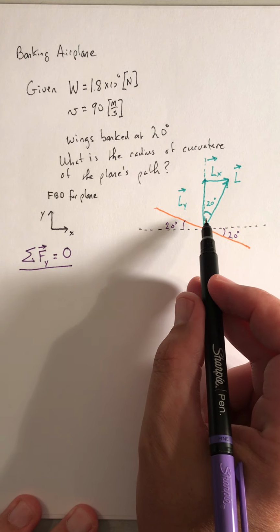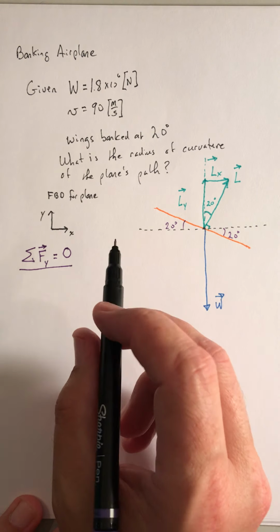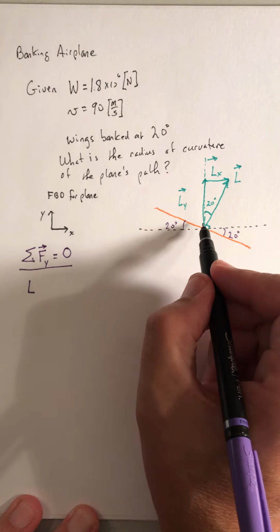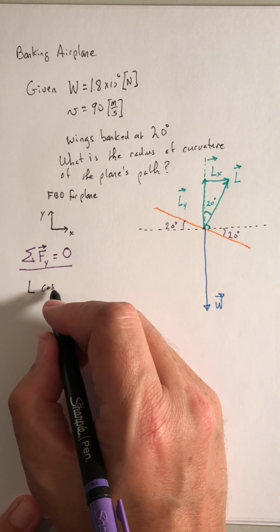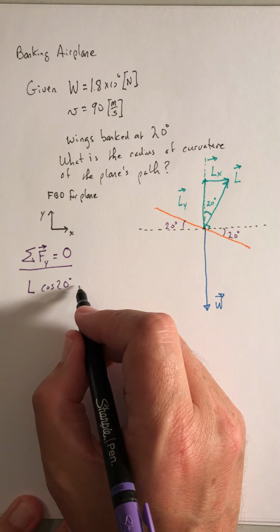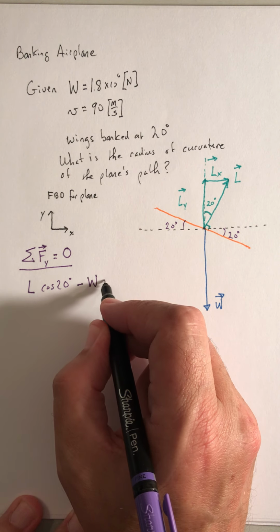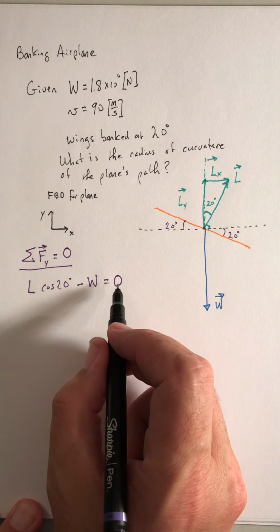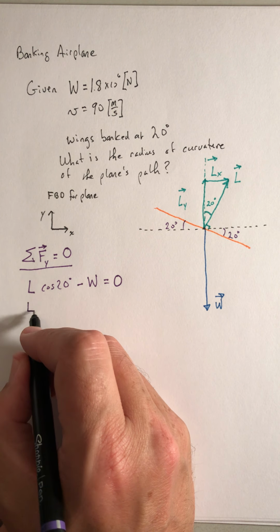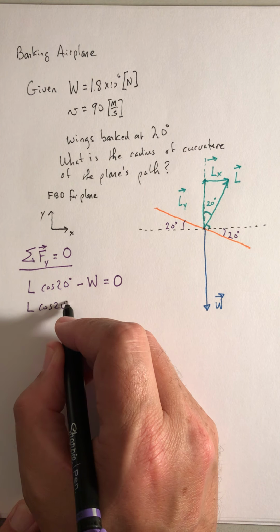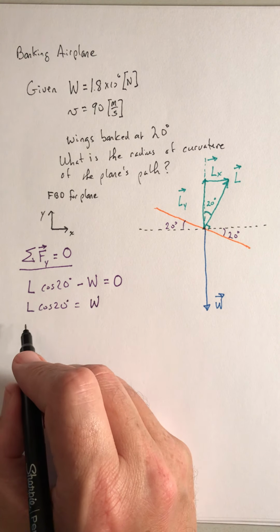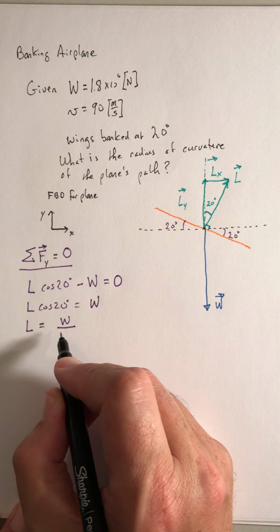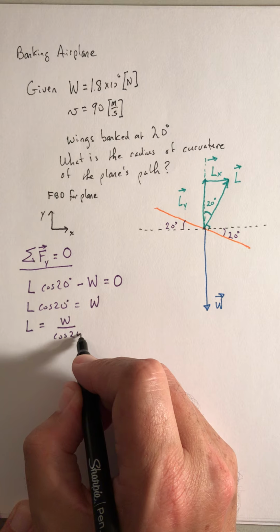Writing that out, I'm going to have that the lift L times cosine of 20 degrees to give me the y component of the lift, minus the weight equals 0, and move w to the other side. L cosine 20 degrees is equal to the weight, or the lift is the weight of the airplane over cosine 20 degrees.